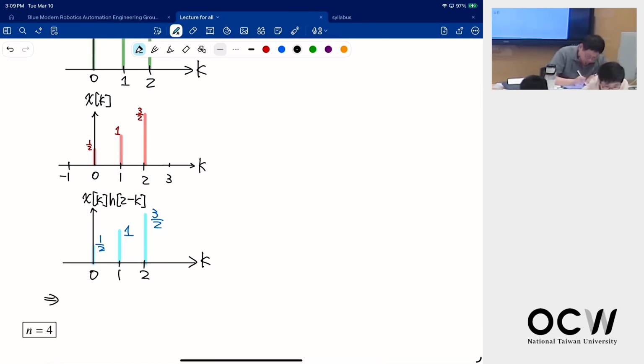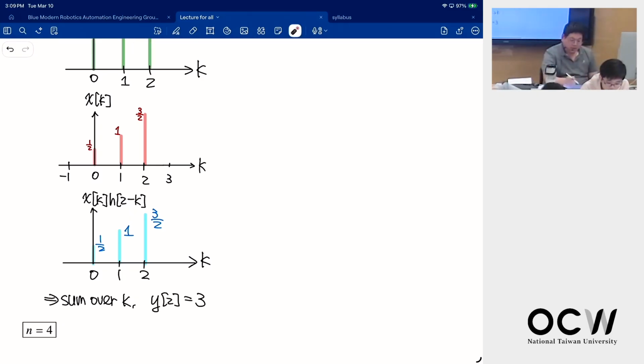So you need to sum over k, and then you get y2 equals 3. Right, 1/2 plus 1 plus 3 over 2 gives 3.